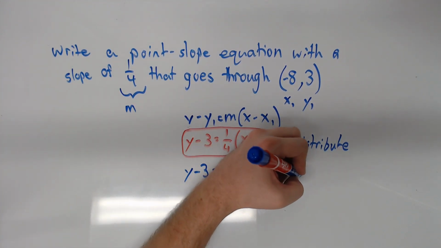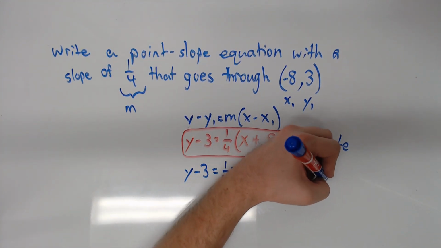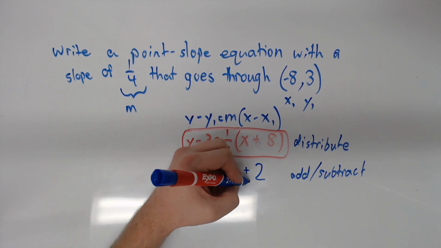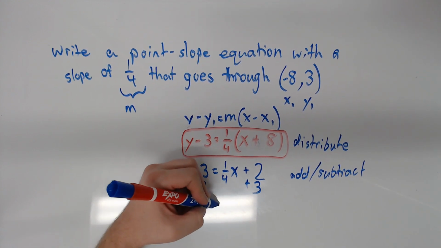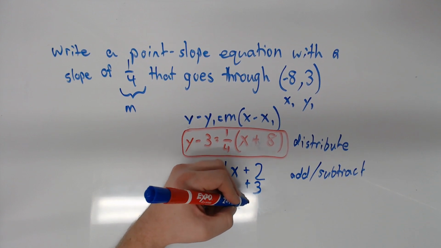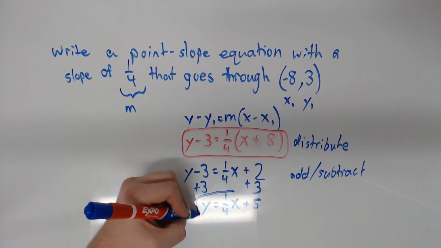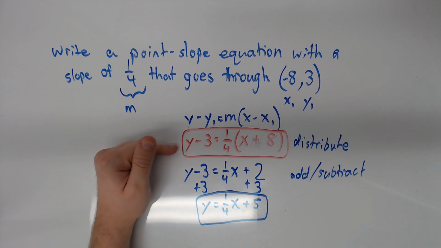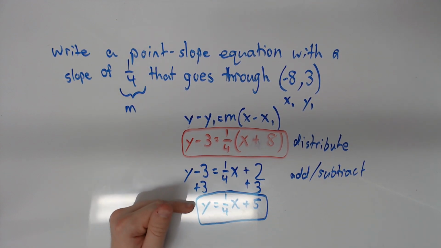And then add or subtract away from y. For us, that means adding 3. That would be the slope-intercept answer. Y equals 1/4 x plus 5. Okay, we can get from our actual solution to here if we want to, with those same two steps always.